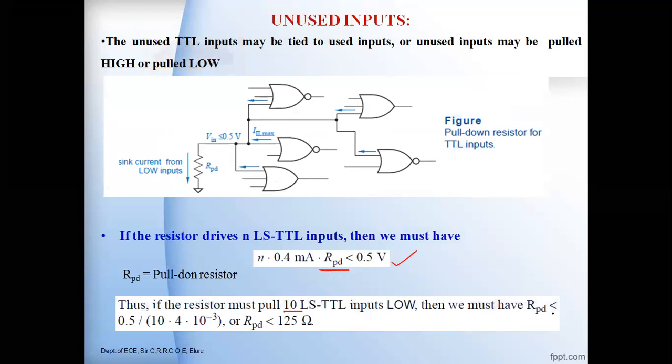The RD value must be less than 0.5 according to Ohm's law, R equal to V by I, voltage and the current. The current is 10 into 0.4 milliampere maximum current. So that is giving 125 ohms of resistor. So it is a very low resistor value. So by connecting this 125 ohm resistor value, you can control 10 unused inputs of the LS-TTL.